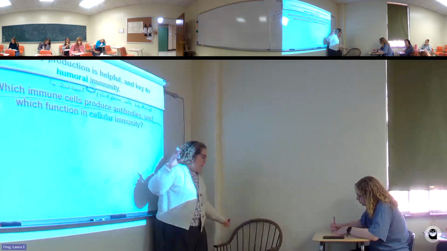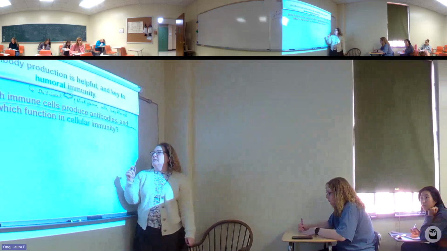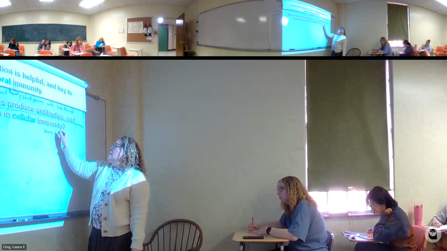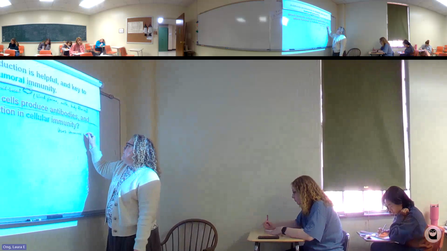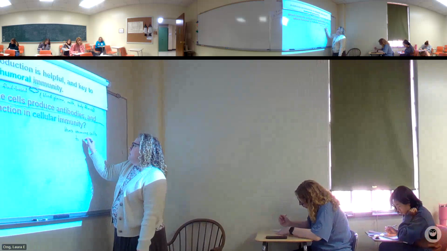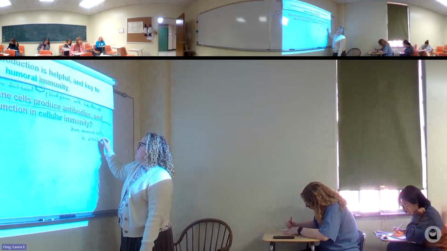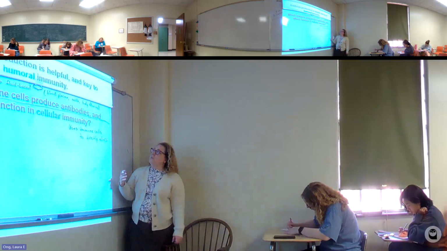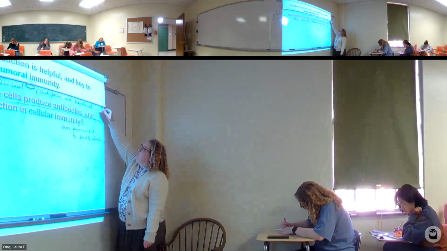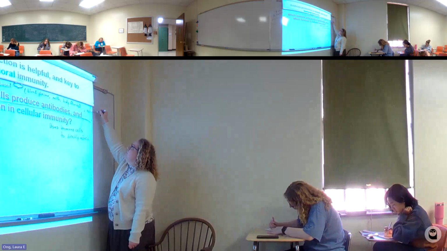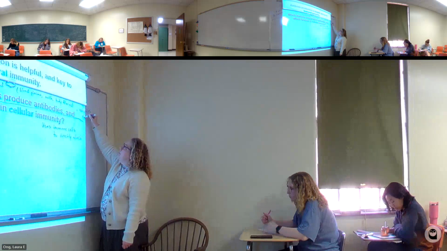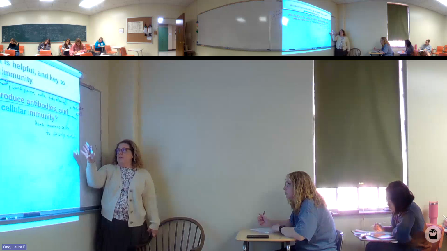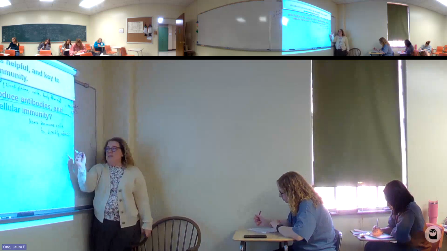There's another type of acquired immunity called cellular. Cellular immunity is going to use immune cells to directly attack. So it's not antibody based, it's cell based. In humoral immunity, the antibodies are doing something helpful to attack, but in cellular immunity, it's cells doing the attack.